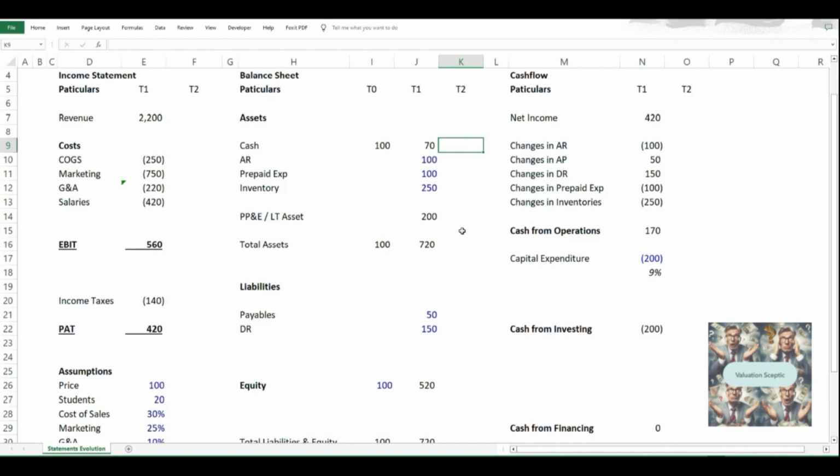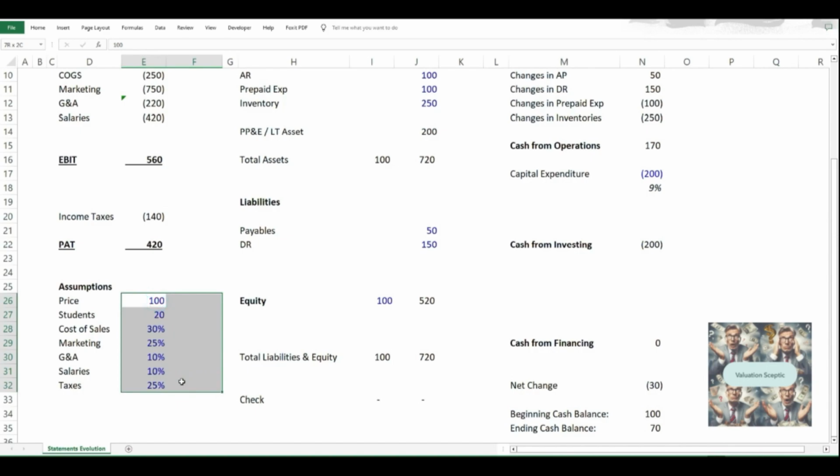I'll be linking the T2 right now to understand the impact of depreciation. First, I'll make sure the other factors remain constant. So as of now, I'll be just changing and tweaking assumptions at a base level.